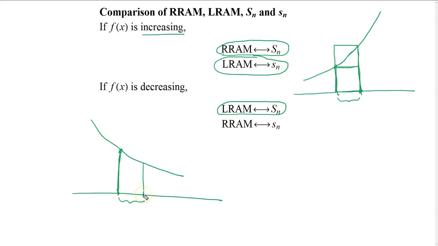And at the right-hand endpoint, our function has a minimum over this interval, and so RRAM would correspond to the lower approximating sum. So the relationships reverse, depending on whether the function is increasing or decreasing. If our function is both increasing and decreasing over a subinterval, then there is no direct relationship between RRAM, LRAM, and the upper and lower approximating sums.